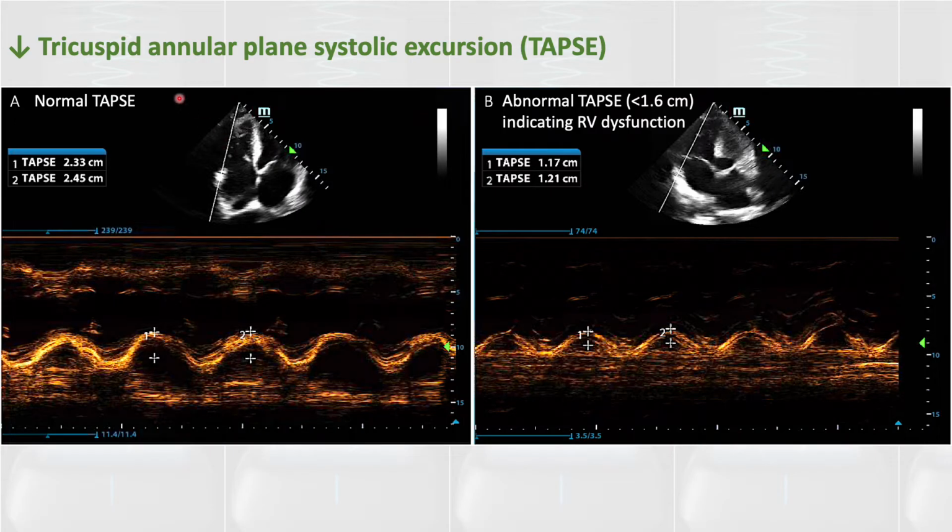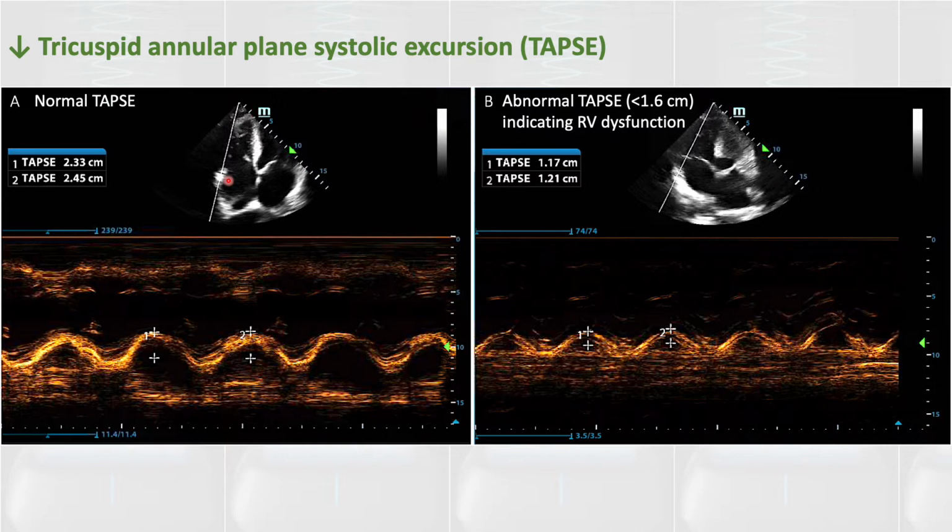This is one of the signs that I just talked about, the tricuspid annular plane systolic excursion, which basically looks at the movement of the valve leaflet of the tricuspid valve, and usually with right ventricular dysfunction there's a reduction of this movement. So you can use the eyeball exam and see if this movement is really less than normal.